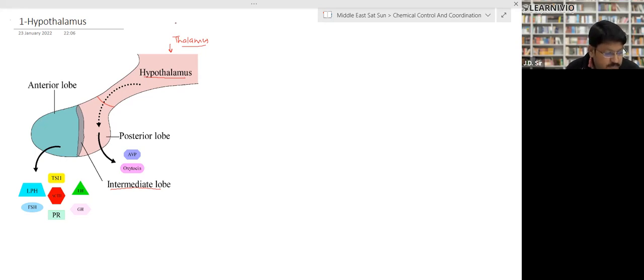Next, its hormone influences the pituitary gland. This is called the control center, the supreme commander.